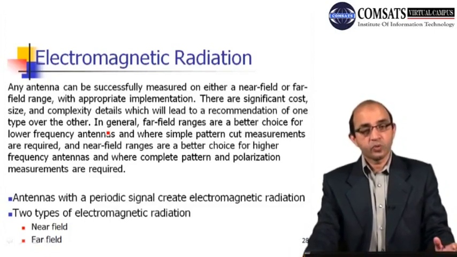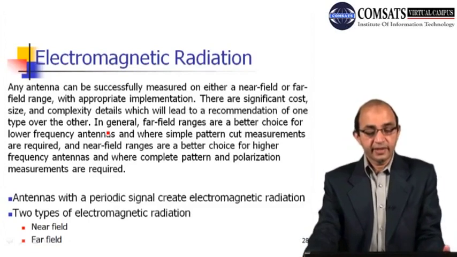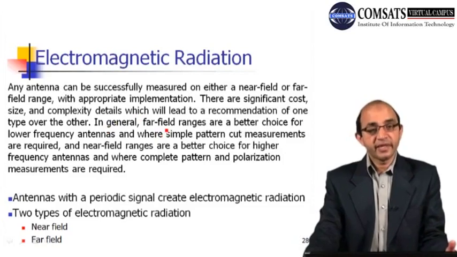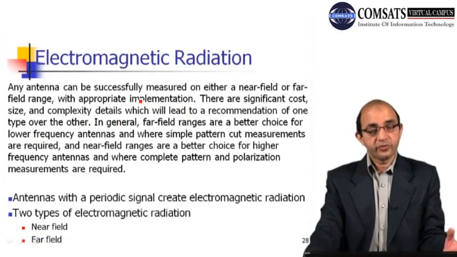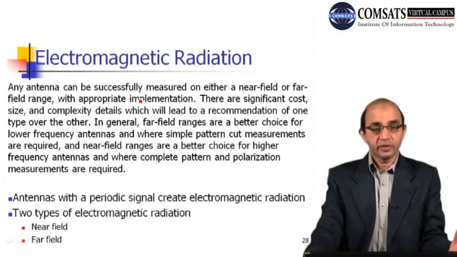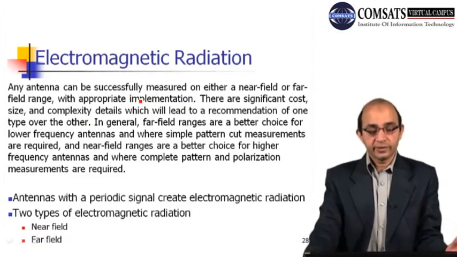One of the factors is either a near field or far field range with appropriate implementation. There are significant cost, size, and complexity details which will lead to the recommendations, right? So we have to find out what antenna will suit us.